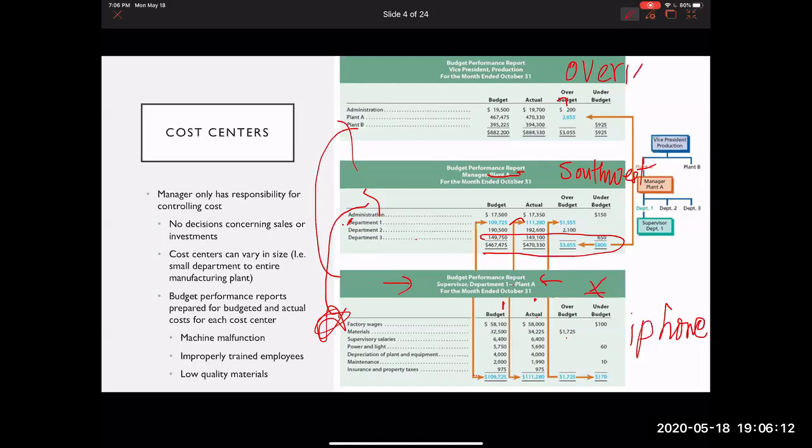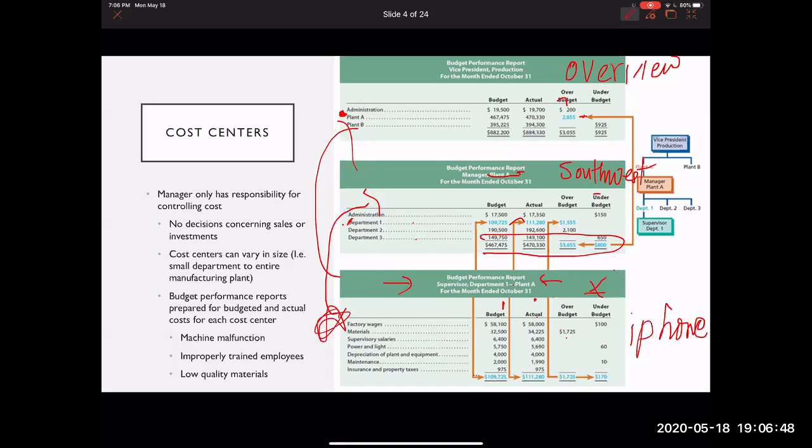And in the event of, hey, I don't quite understand why Plant A is over budget by $2,855, well, that's where all of this detail comes into play, because then we can say, oh, it's coming from maybe department number 1 or 2 or 3 and so forth. Okay, so all of these reports are just rolling up into the overview report.